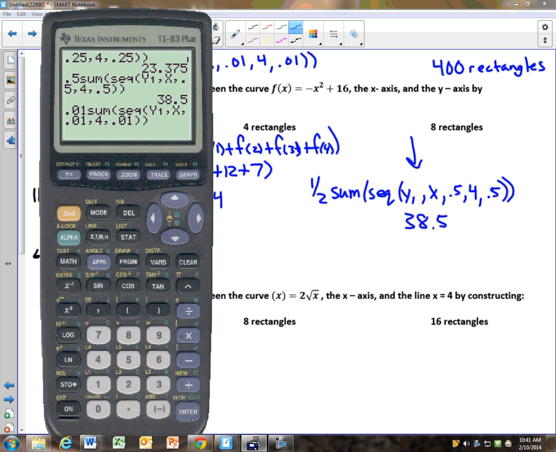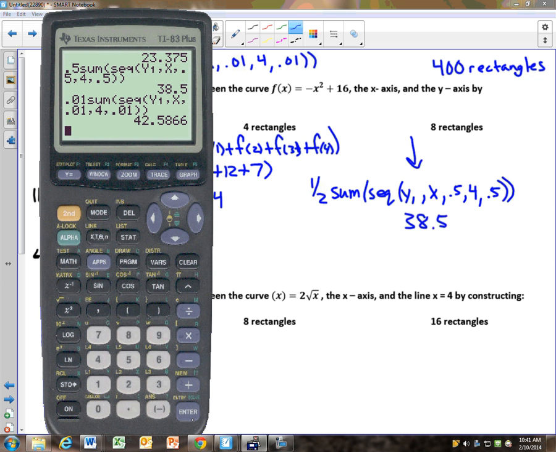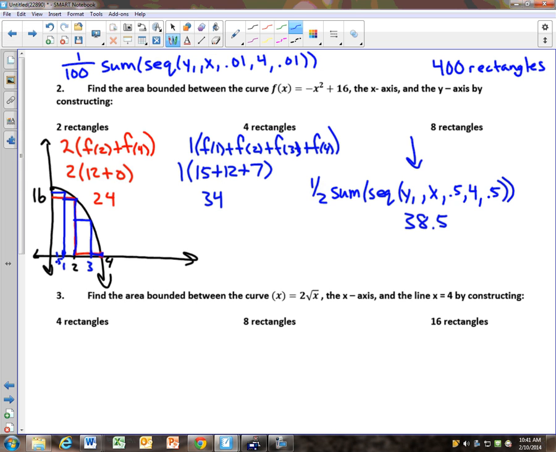Poor calculator. Mine's a TI-83, so if you got a TI-84 with a lot more memory, you might be able to do it really quickly. Like if we went to 1,000, you might actually be able to watch a whole commercial or something by the time. 42.5866. Isn't that neat? We made our calculator really actually think about it a little bit.